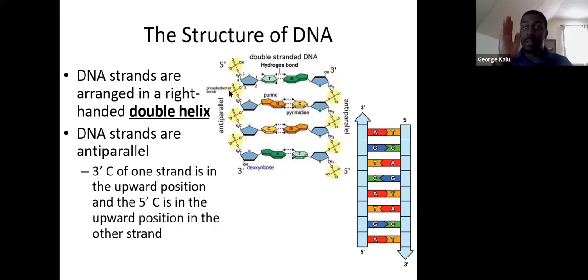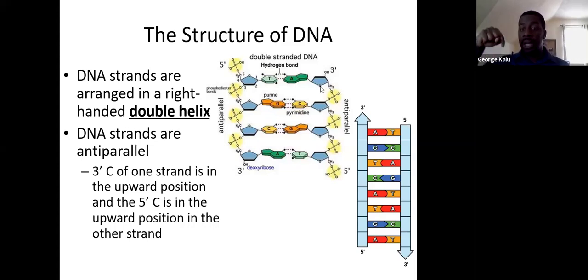In this particular strand, we have the 5' carbon facing upward and the 3' carbon facing downward. On the other strand of DNA, it's going to be reversed. The 3' carbon is going to be facing upward, so here's our 1, 2, and 3' carbon facing upward, while the 4, 5' carbon will be facing downward.